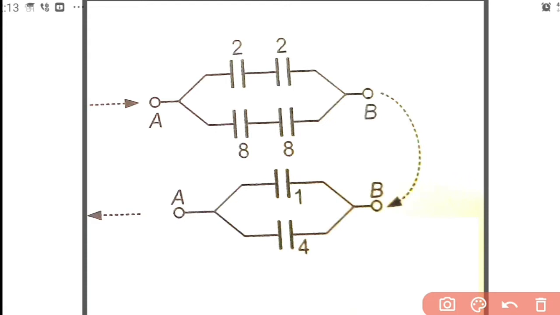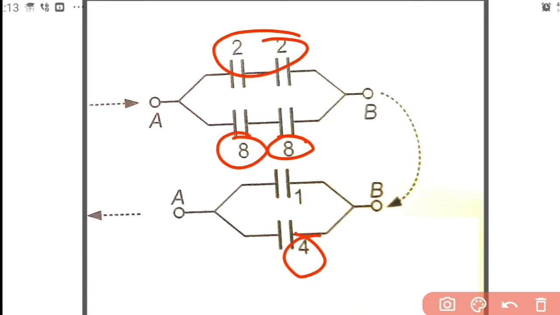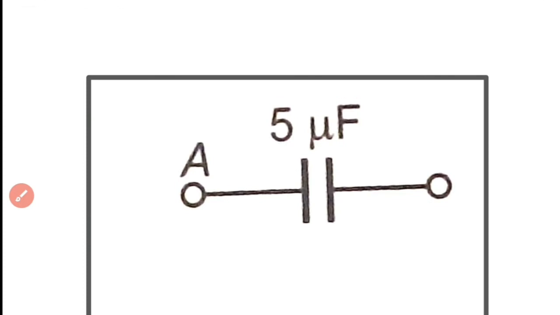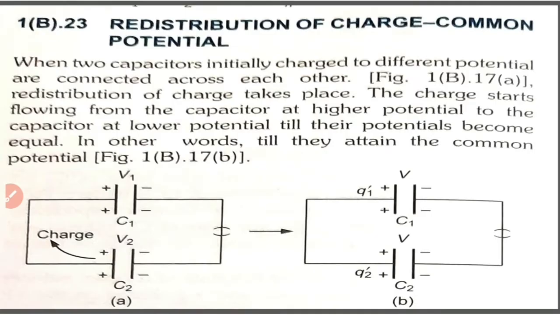So use that equation which we discussed. So 8 and 8 giving 4, 2 and 2 giving 1. So when 1 and 4 are connected in parallel, we have the final answer to be 5 microfarad. Okay, so I'm explaining only the reduced diagram steps, you write.